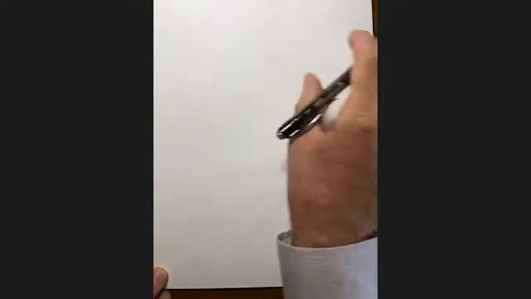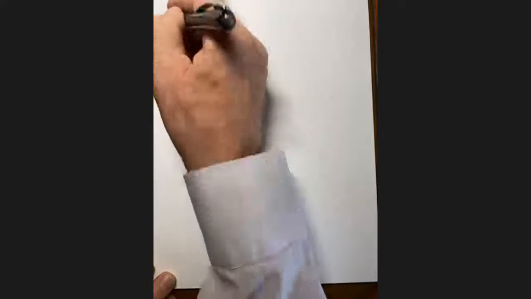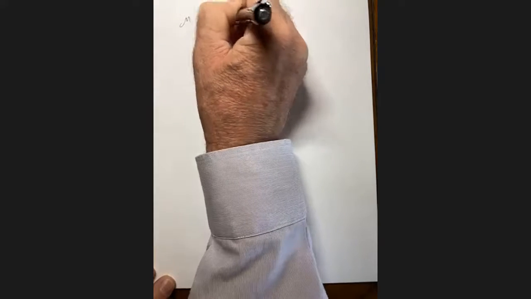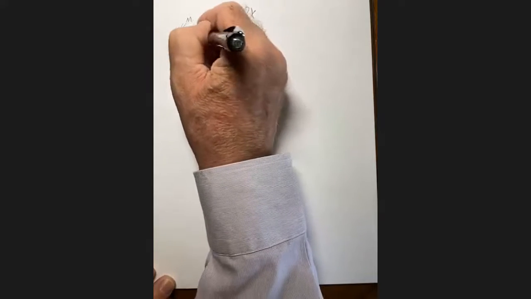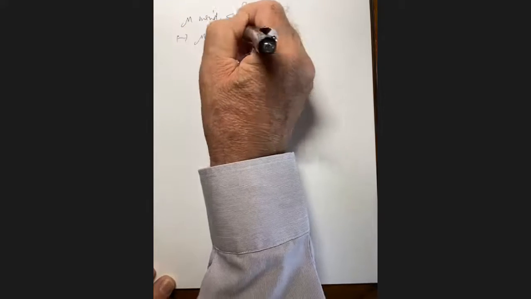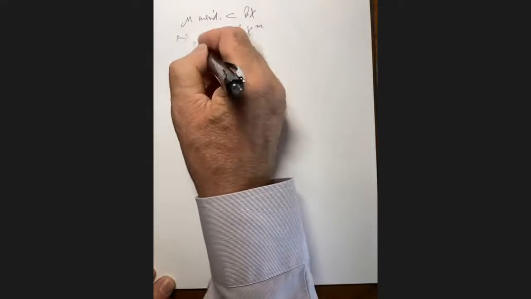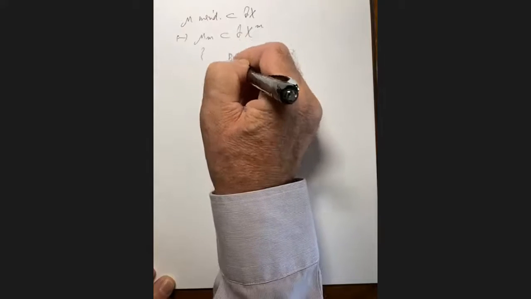Well, it turns out that what you need to show is that if mu is a meridian in the boundary of X, the meridian of K0, then this gives you a slope mu_m in the boundary of the m-fold cyclic cover. And it turns out that this is star detected.